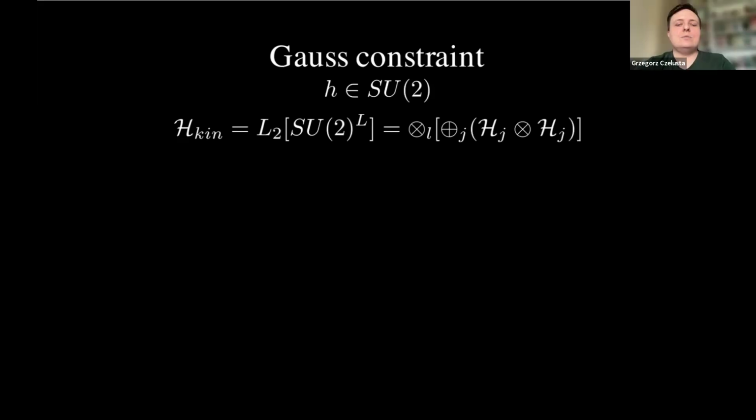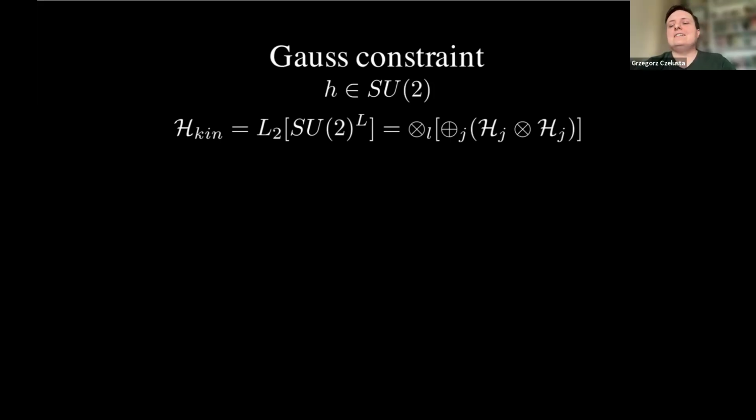So we can decompose this space of functions into a tensor product over links of the graph, and a direct sum over spins. It means over representations of SU2 elements.